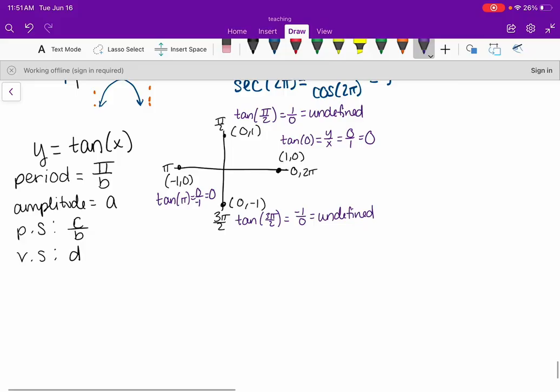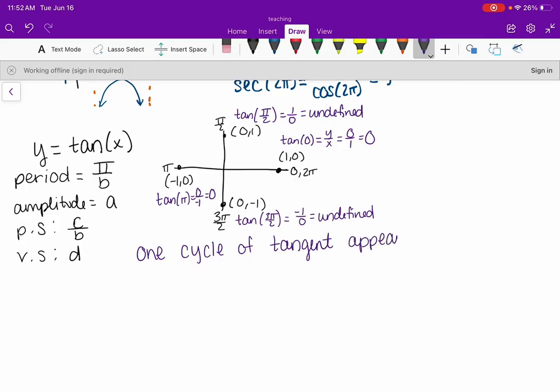Okay, so a point that I would like to make to you here is that one cycle of tangent appears between two asymptotes.